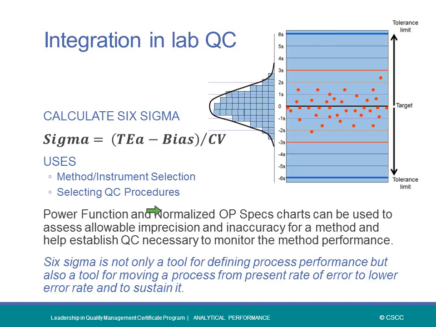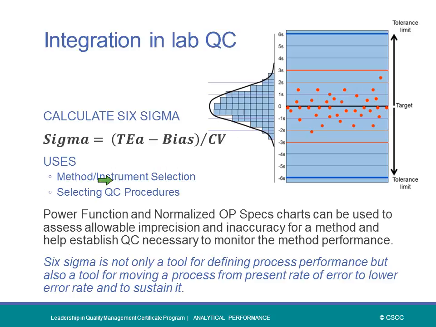Now, of course, this sigma metric indicates the position where total allowable error would exist. Sigma can be calculated using this formula, and I'm going to tell you that it's useful in determining whether a particular method or instrument is a good one to be using in our lab.